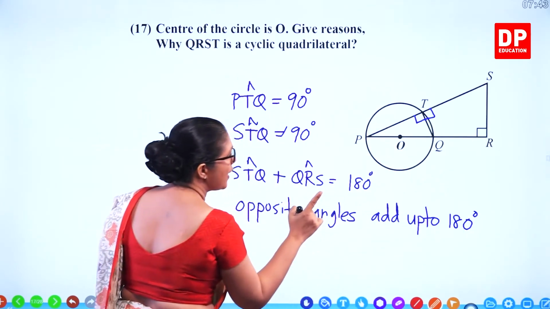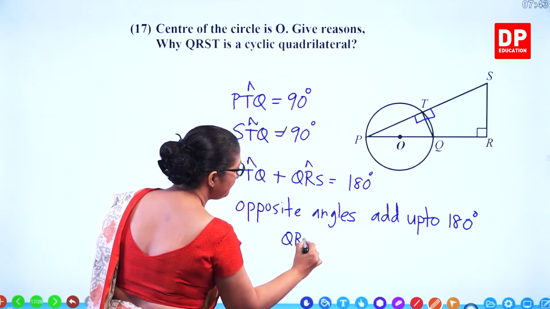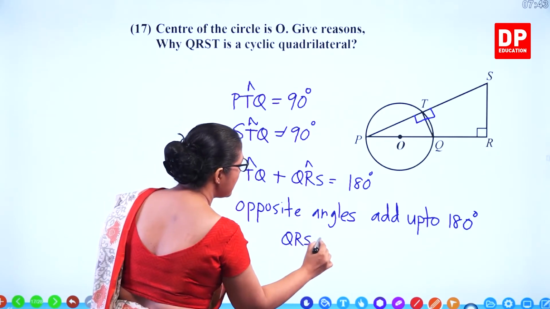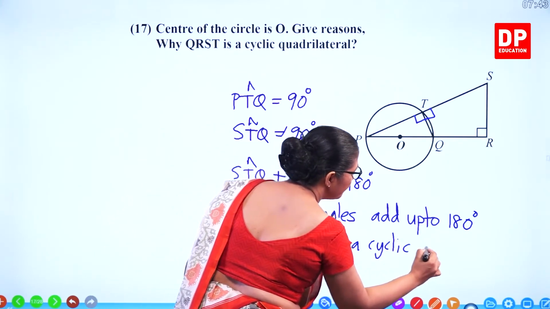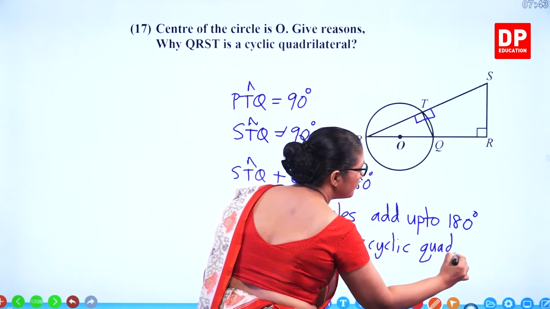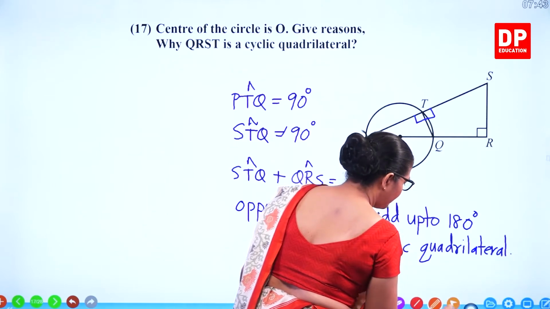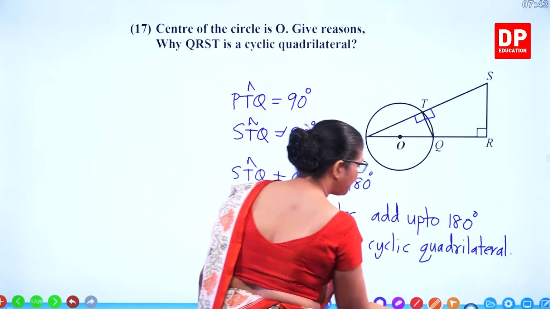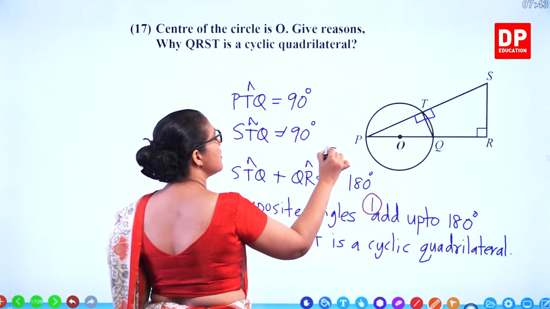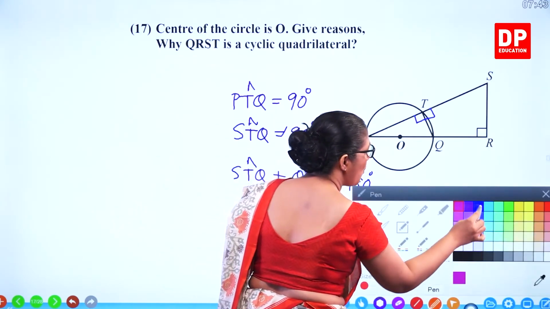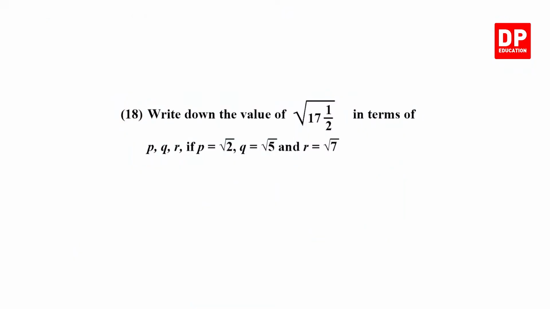So therefore we can say QRST is a cyclic quadrilateral. So 2 marks for that. Giving the reason and proving, 1 and 1 each. So 2 marks.